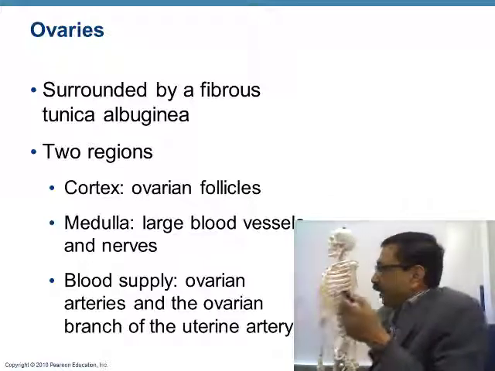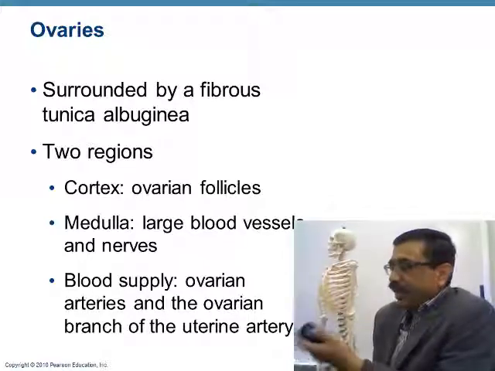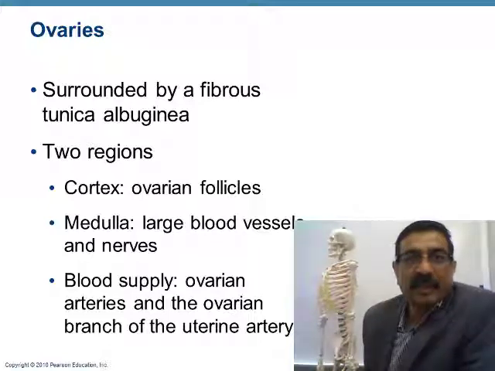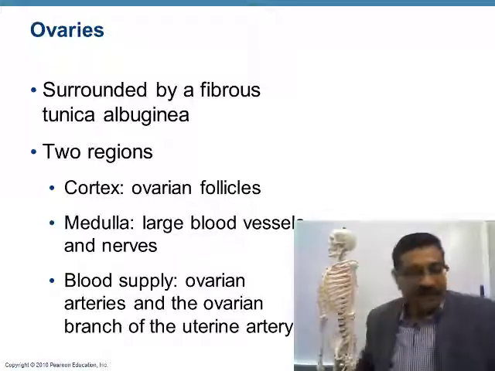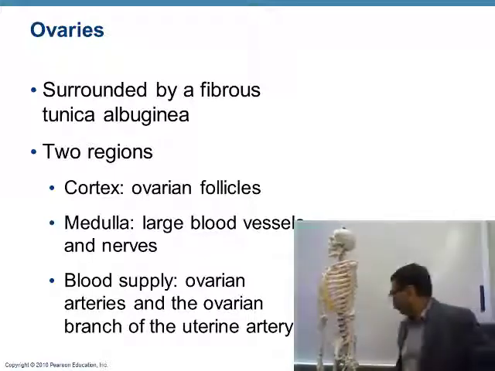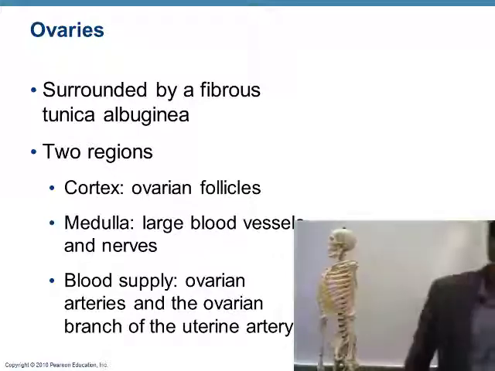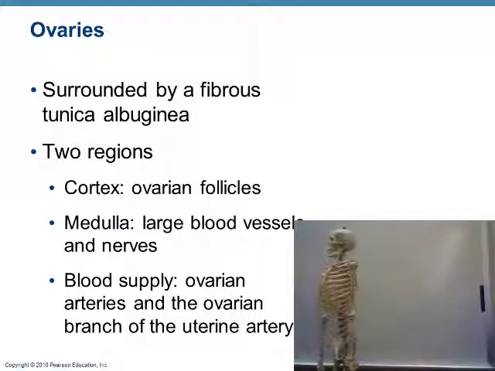Inside the ovary, you have two distinct areas. The outer part is the cortex and the inner part is the medulla. In the cortex, you have the follicles, many round structures. Those are called the follicles. So if you cut the ovary and see inside, you have an outer part and an inner part.